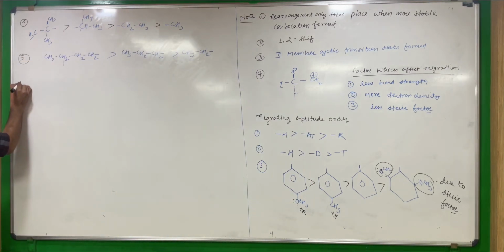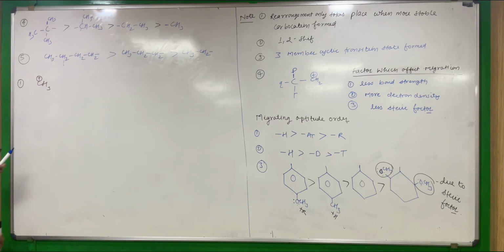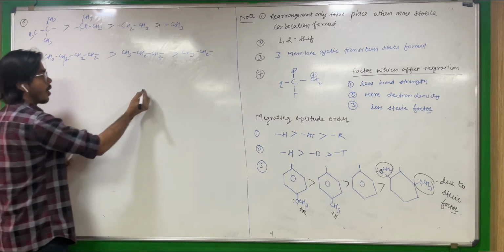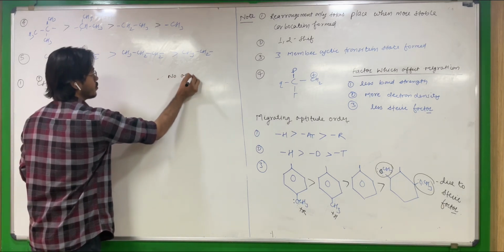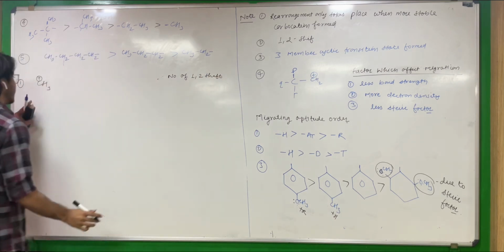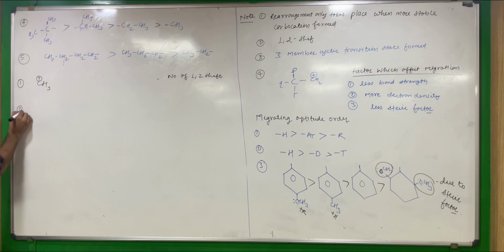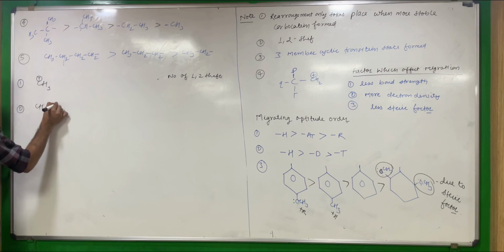So the first example: we have to tell if rearrangement is possible or not in this case. If rearrangement is possible, how many 1,2 shifts will take place? Also you have to tell if rearrangement is taking place in this compound or not. Second, in this case also, will rearrangement take place or not?